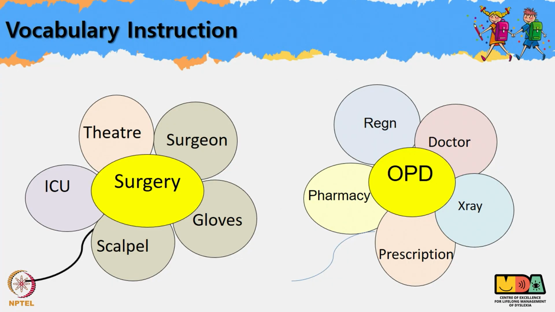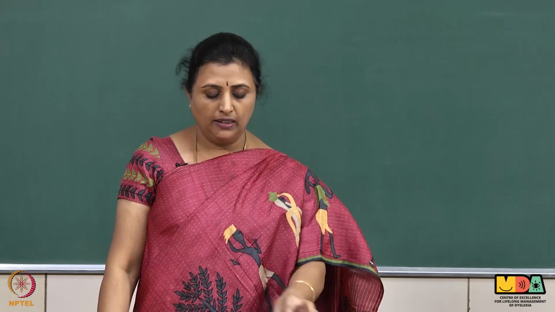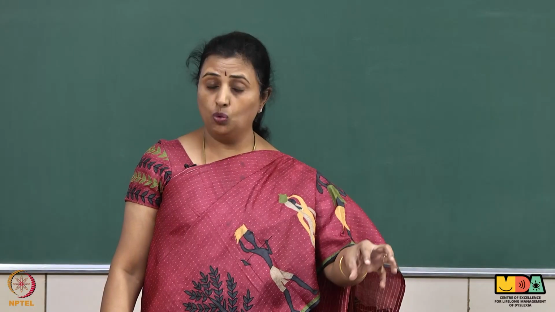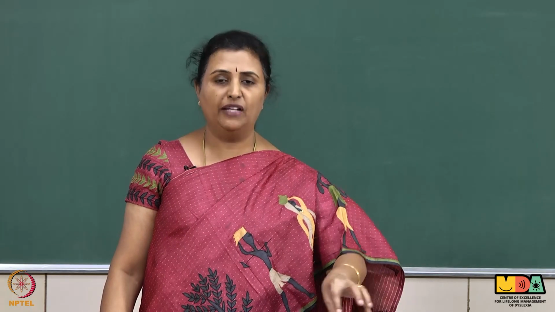See, from whatever we have obtained, we have now subcategorized it into surgery and outpatient department, and those words which are connected to surgery like theatre, surgeon, gloves, scalpel, ICU. In fact, I have taken here only a few, maybe you can get into more detail, you can have sub arms or sub leaves too.